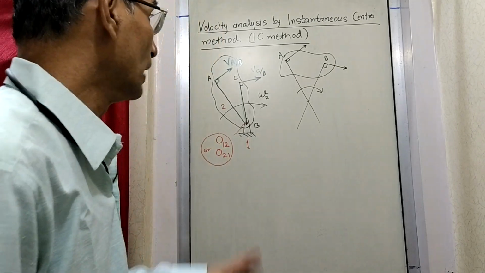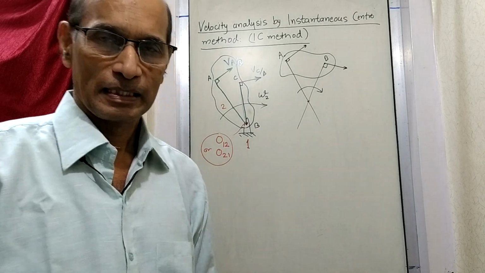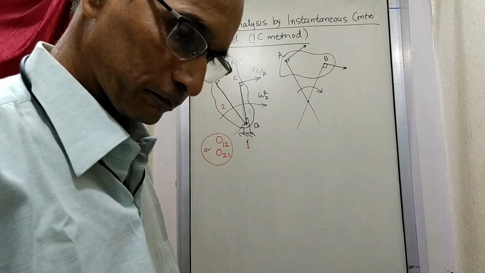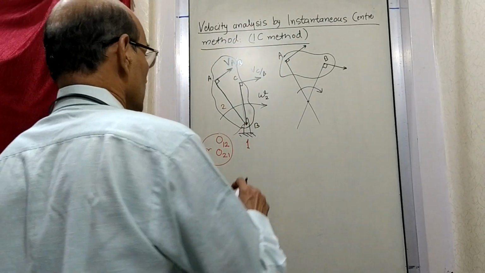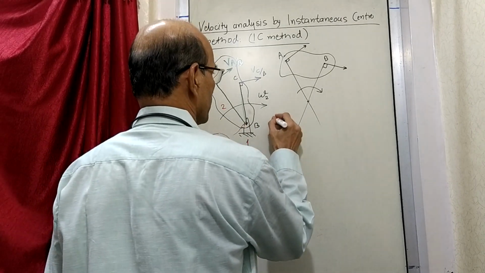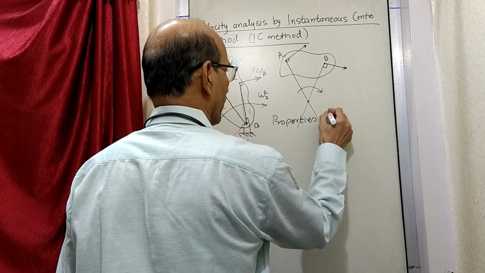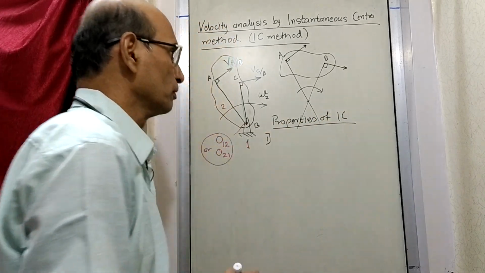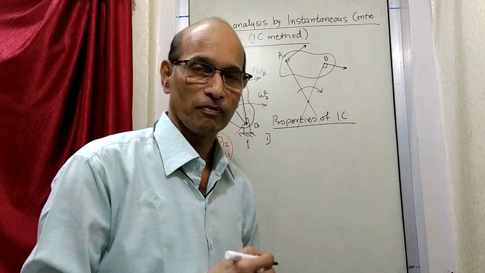Okay. Now having understood up to this much, let us write down a few rules which I'll dictate. Properties of instantaneous center. So write down the properties of this instantaneous center which you are going to make use of for the further analysis.